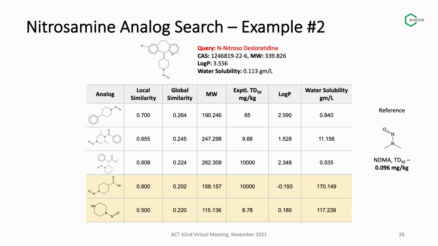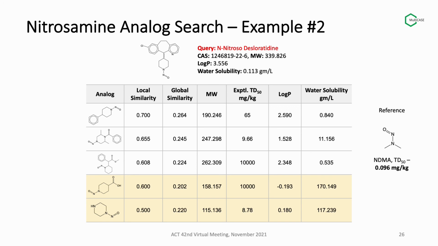However, as you can see, the last two analogs, which are highlighted with yellow background, have high water solubility as compared to the first three analogs. So most likely those two analogs are not going to be reliable to be used in this prediction because they will be excreted much faster as compared to the other analogs, and their experimental TD50 value will not be meaningful to be used in this prediction.